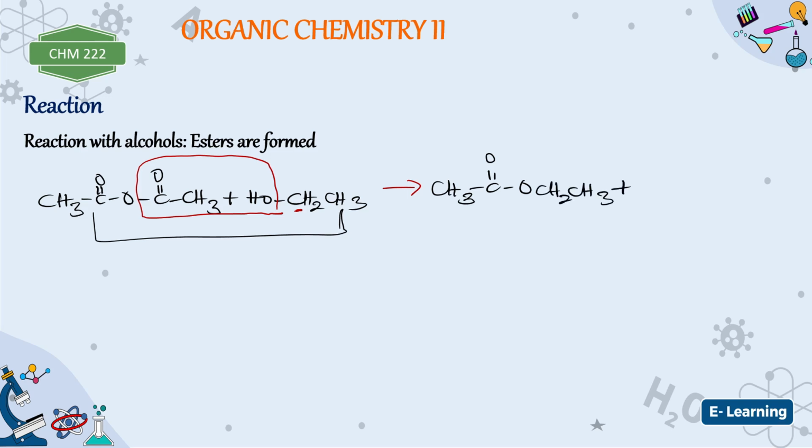Then these two things combine together to give us something like this. Is that okay? That is one of the ways. This is ethanoic acid, and this is ethyl ethanoate. Is that understood? So that is one way.